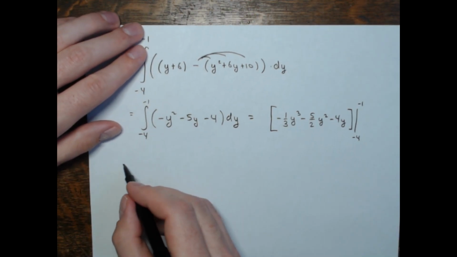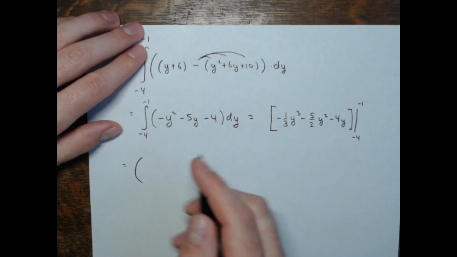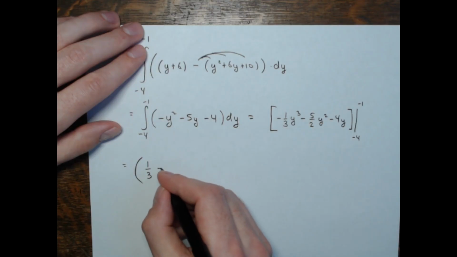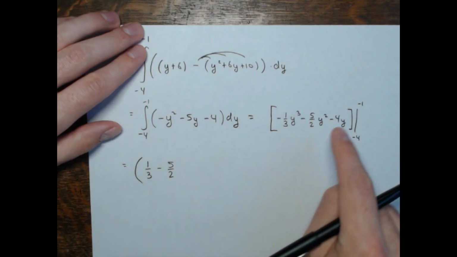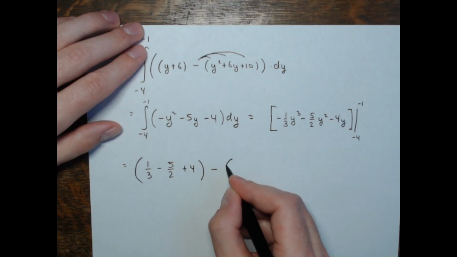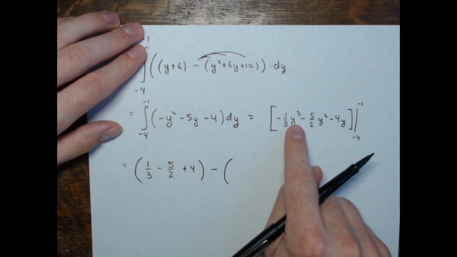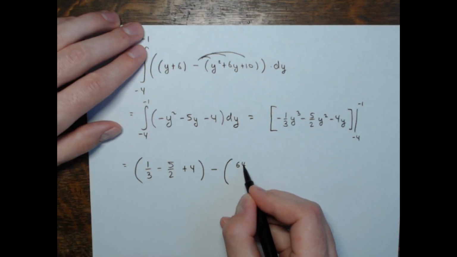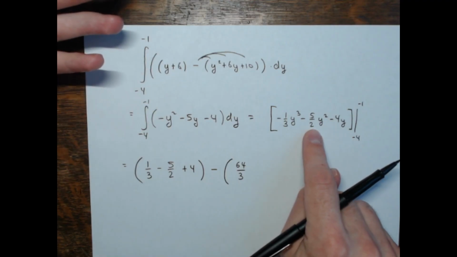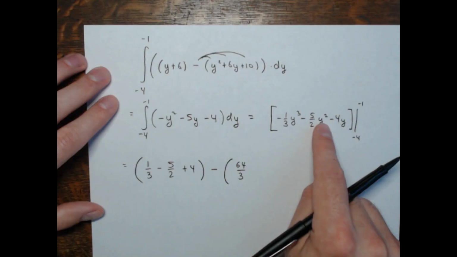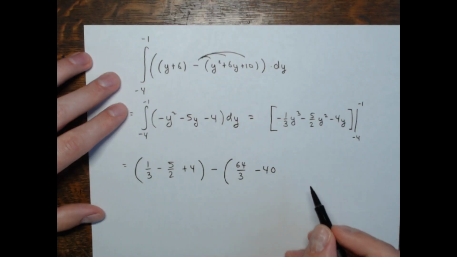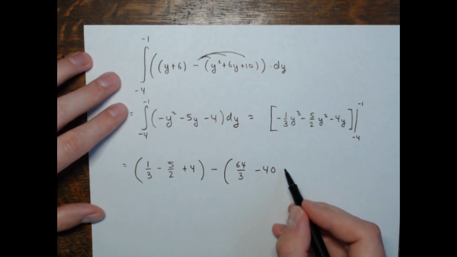Now when I plug in -1, that's 1/3 minus 5 halves plus 4, and then minus, when I plug in -4, that'd be 64/3 and 16, well, 16/2 is 8, so minus 40, and then plus 16.